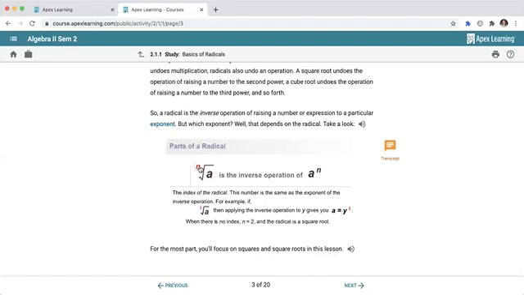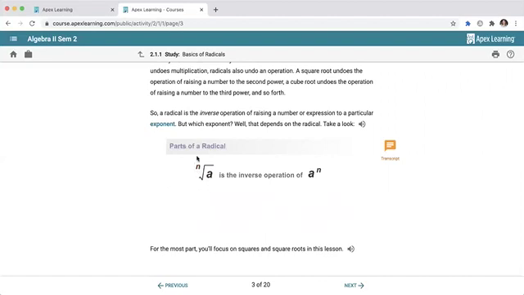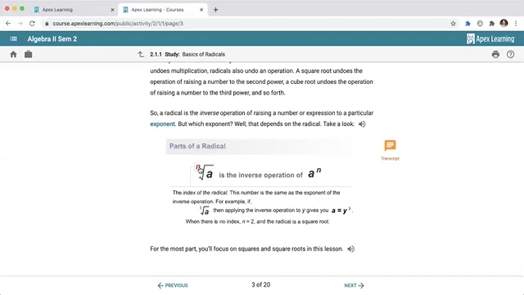If I want to undo that or look at the inverse operation, I'm looking at y cubed equals a. So it would be the same value there. Again, obviously with the index and the a value, we need to make sure that they're consistent. That's how we would be able to undo those different functions here.